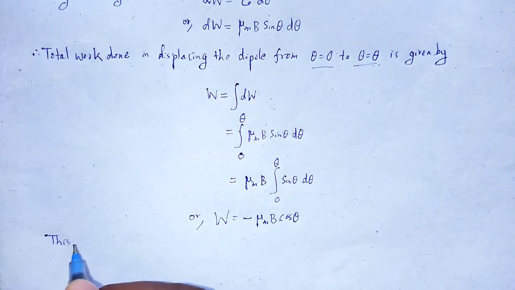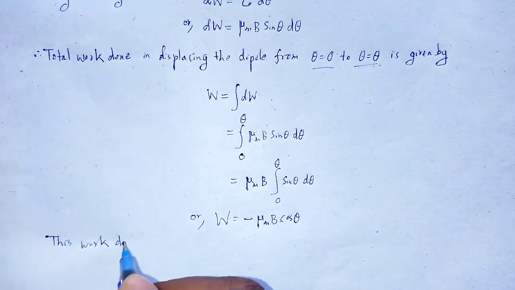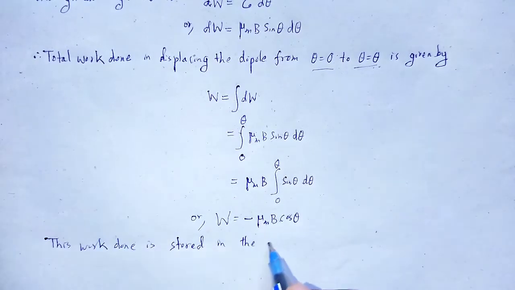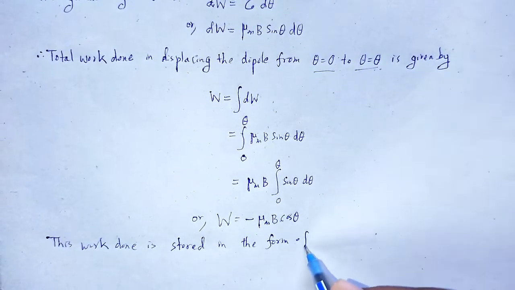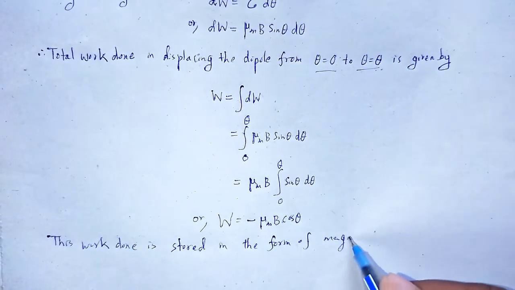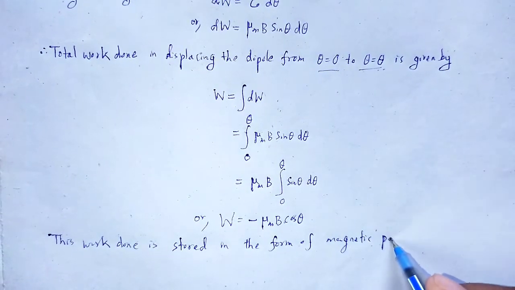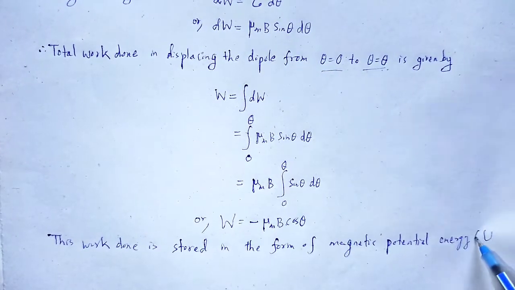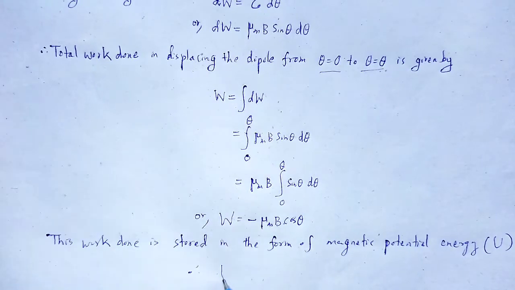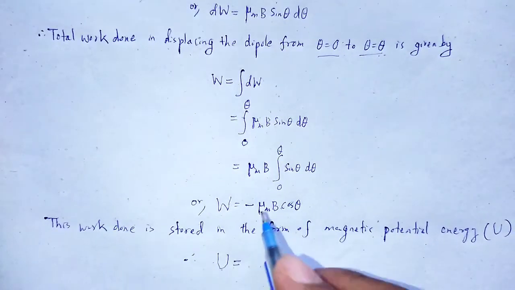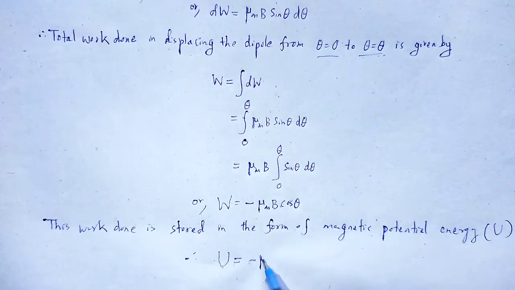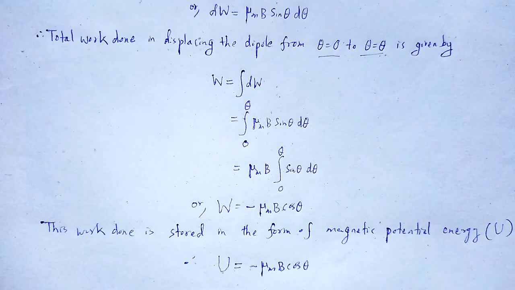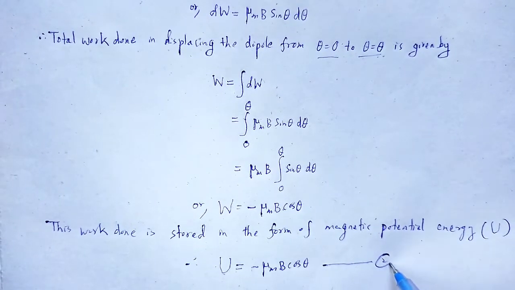This total work done is stored in the form of magnetic potential energy U, and that magnetic potential energy U is equal to W, that is minus mu m B cos theta. That is equation number 2.